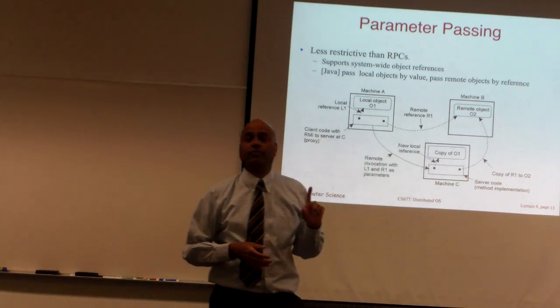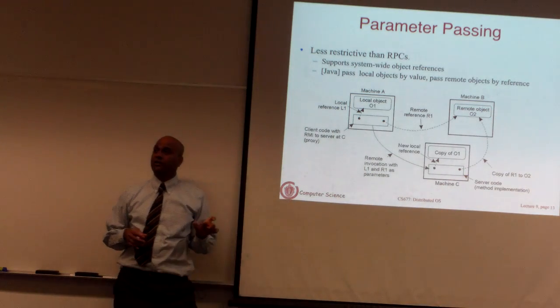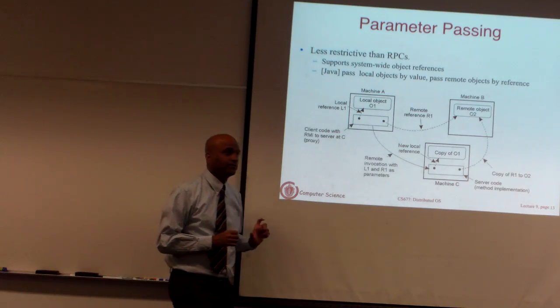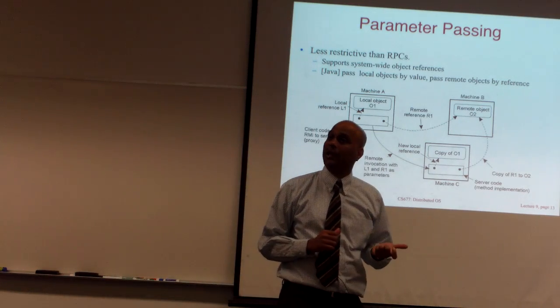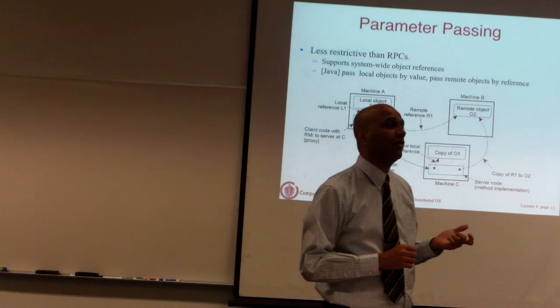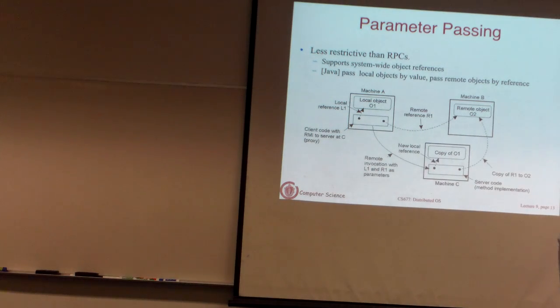Passing by reference essentially means passing pointers. Pointers are memory addresses, and a memory address is specific to a machine. You're saying memory address X on a particular machine. If you pass parameters by reference, and then those parameters are sent to a second machine, if you try to dereference that pointer, it's going to look up the address X on that machine, not on the sending machine, so that address doesn't make any sense at all.